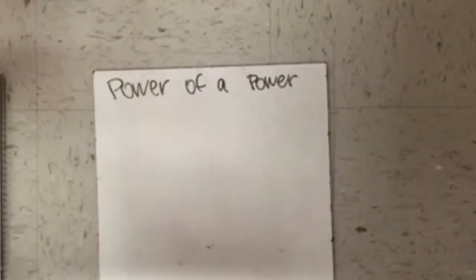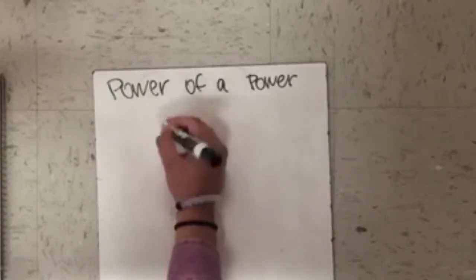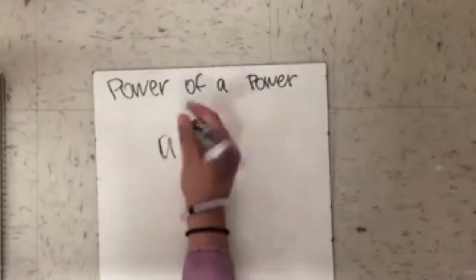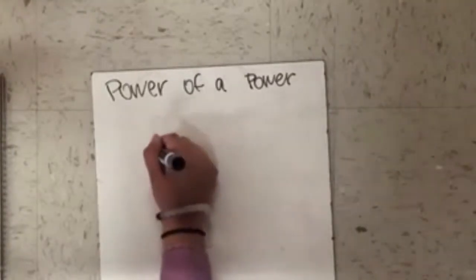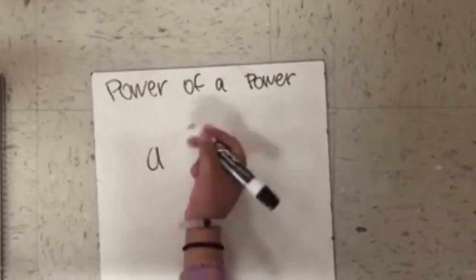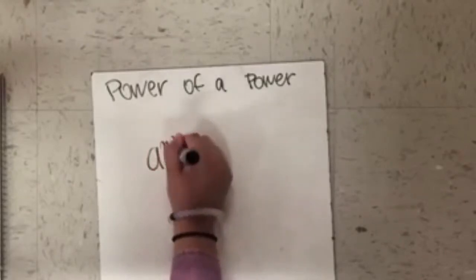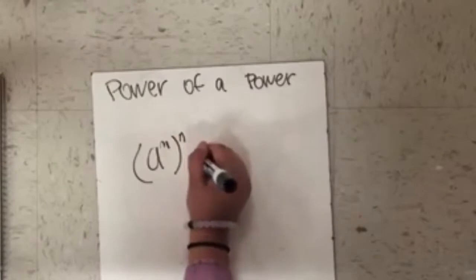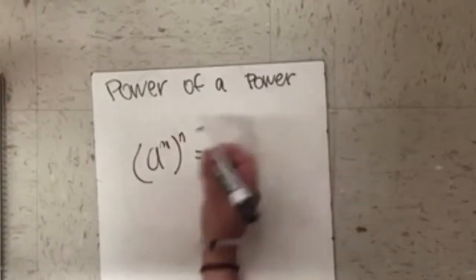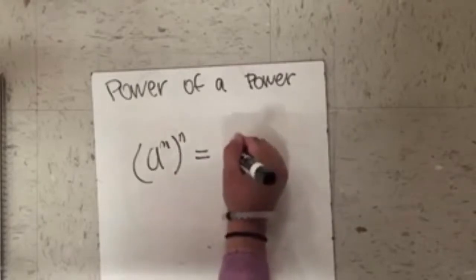Our next one is power of a power. For our definition, we will have a to the m power to the nth power, which will equal a to the m times n.